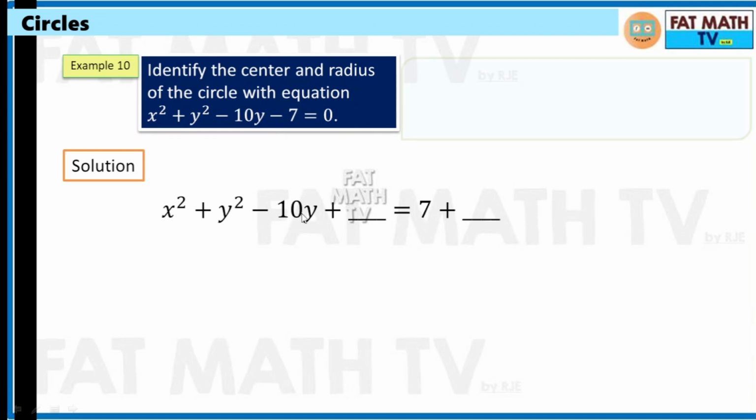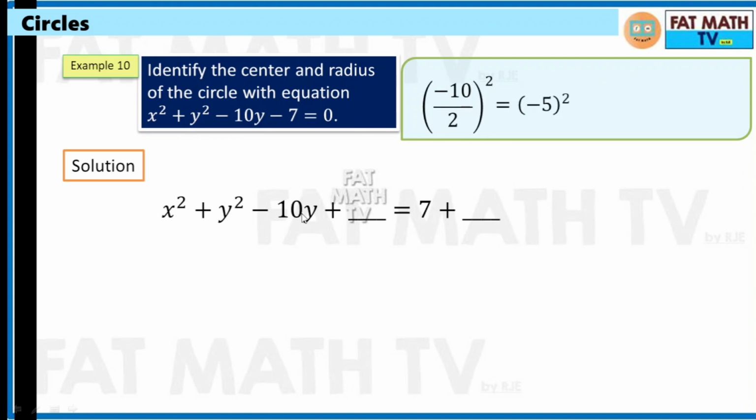Half of negative 10 is negative 5. Negative 5 squared is 25. So add 25 to both sides of the equation. Factor this one. Just copy x squared. You will have y, and then half of negative 10 is negative 5. So y minus 5 squared equals 7 plus 25 is 32.